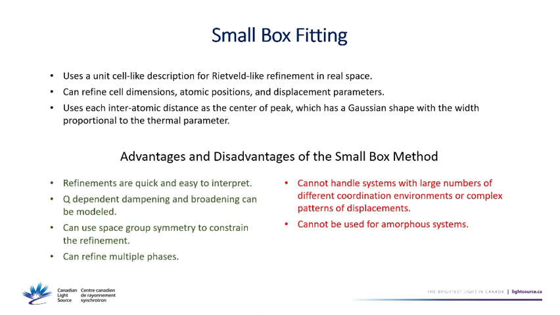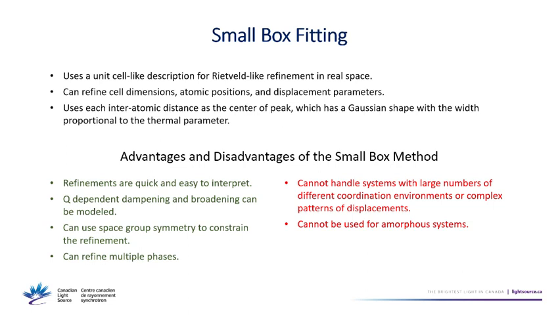So it has an assumption of some sort of periodicity in the sample that you can define in a unit cell, and then you can do a least squares-like refinement to produce a fit. So it's a lot like doing a Rietveld refinement like you were already doing, except instead of doing it on the diffraction pattern in reciprocal space, you're doing it on the PDF in real space.